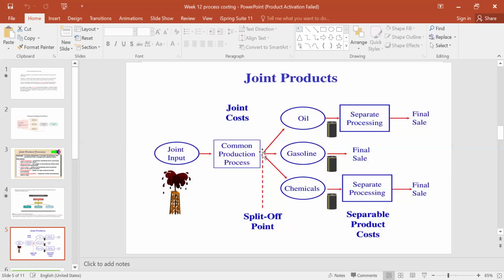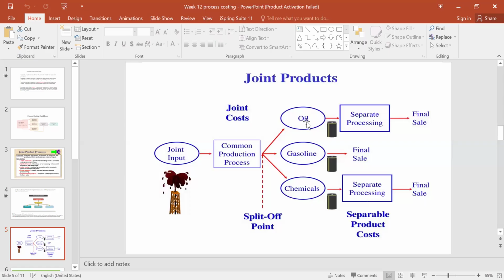After the common production process, you recognize separate products, for example oil, gasoline, and chemical. These are separately recognized, so from that point you can recognize them as individual products. This point is called the split-off point.